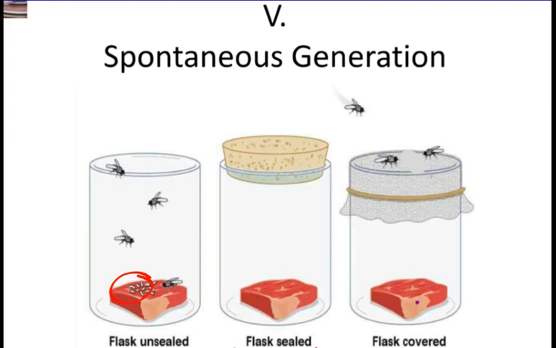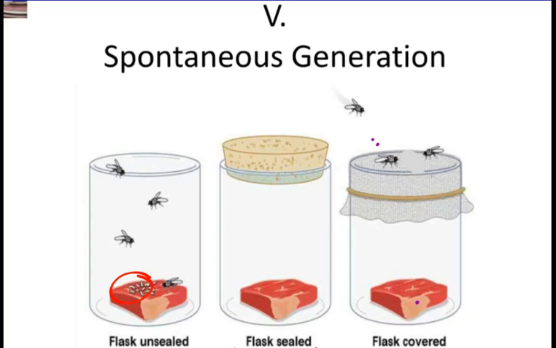He set up one flask that was unsealed with meat in the bottom of the flask. When he left it open, several days later, maggots developed in that flask. He did a second flask that was completely sealed, and after several days, no maggots developed. And then he did a third flask, where it was covered in gauze.